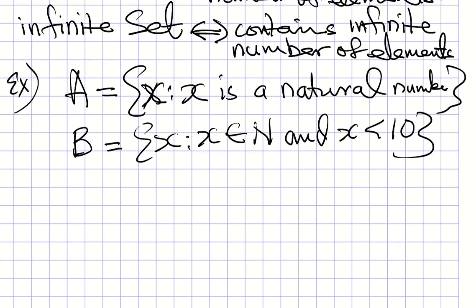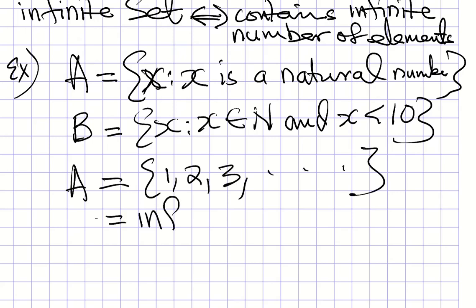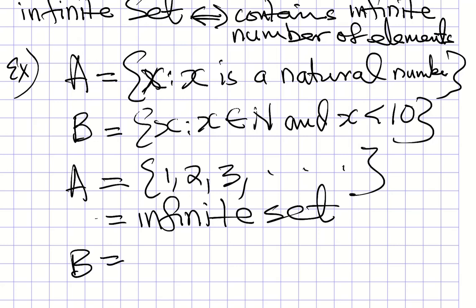Okay, look at those two sets, right? A is a set consisting of natural number. That means A is 1, 2, 3 to infinity. It's an infinite set. But B is finite because B is x is natural number x less than 10.